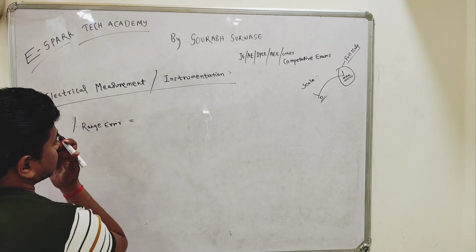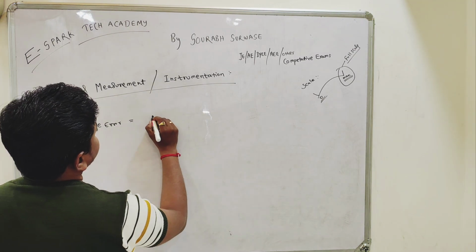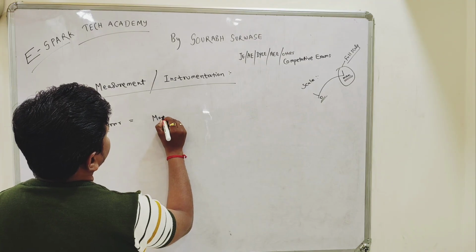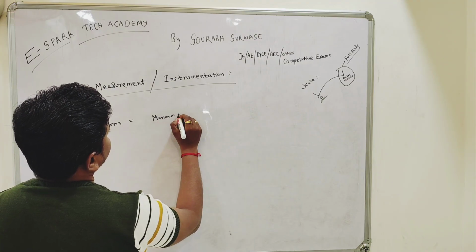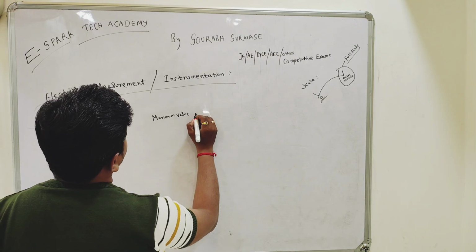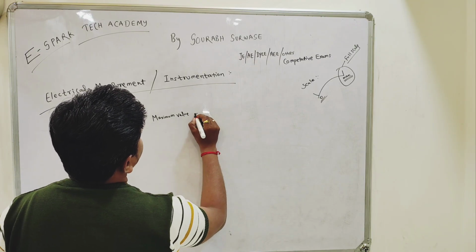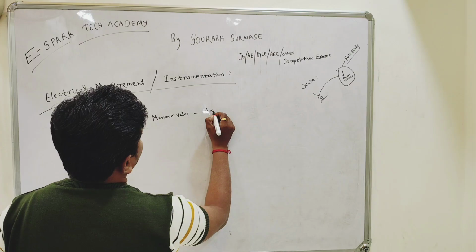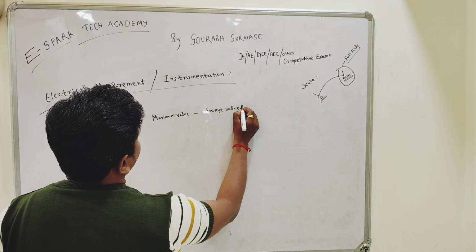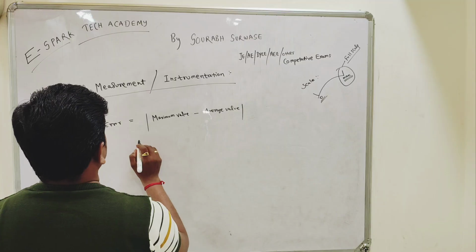Range error is nothing but maximum value minus average value of that quantity.